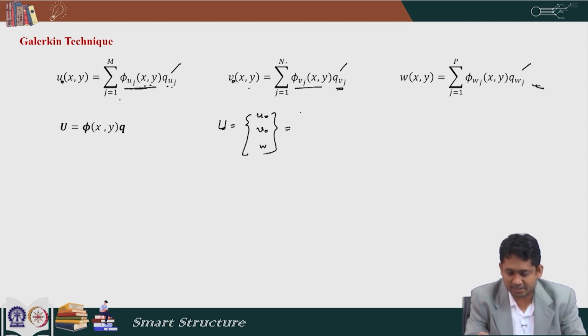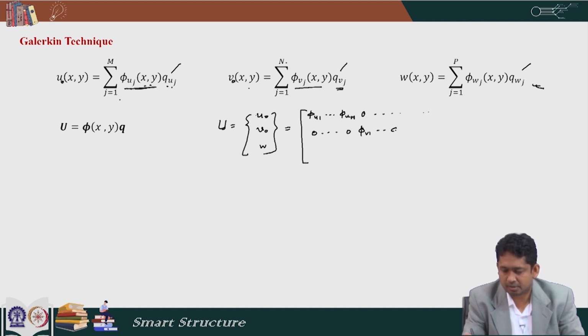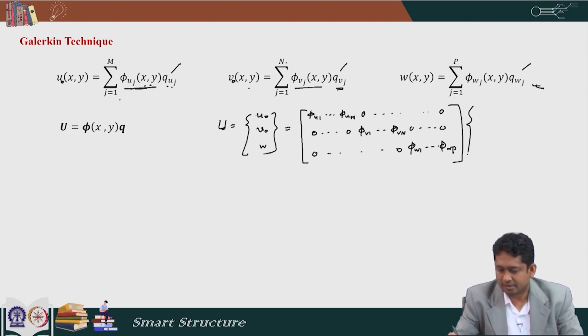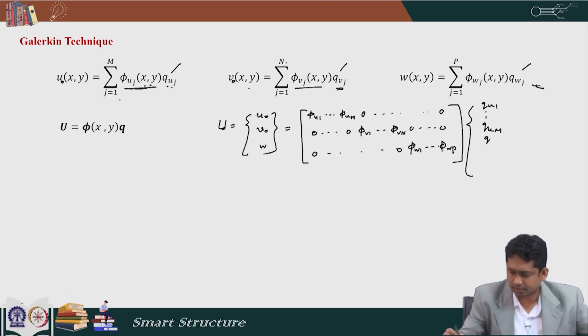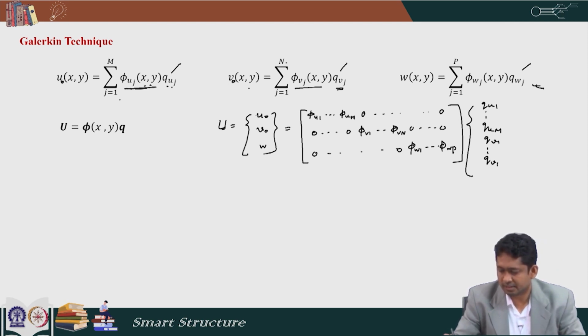So, we write this as phi U1 up to phi Um, then all zeros, then we have 0, phi V1 up to phi Vn, then all zeros, and then we have zeros here, phi W1, phi Wp, and this gets multiplied with QU1 up to QUM, QV1 up to QVN and QW1 up to QWP.